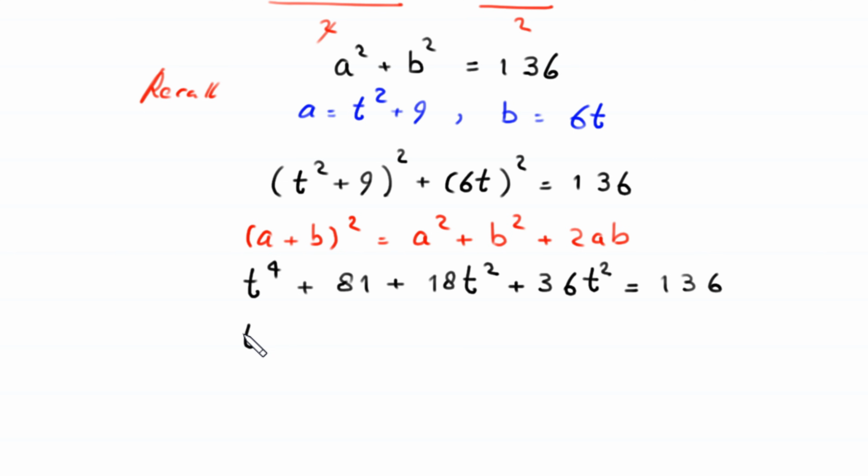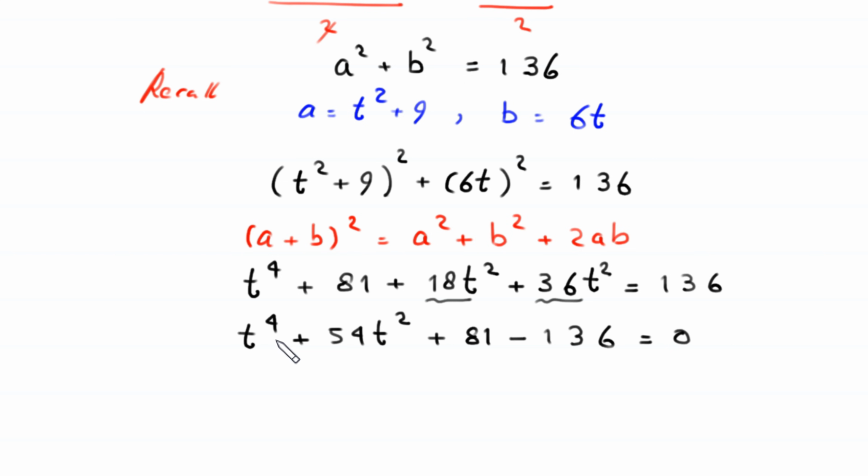Next, t^4, this 18t^2 + 36t^2 will become plus 54t^2 + 81. Move this 136 to the left hand side. This will become negative 136 equal to 0.